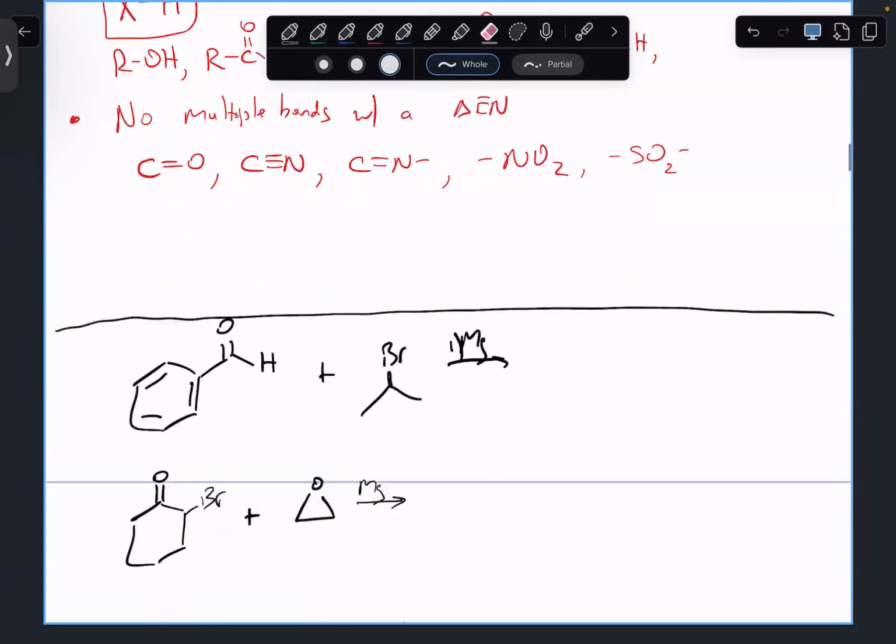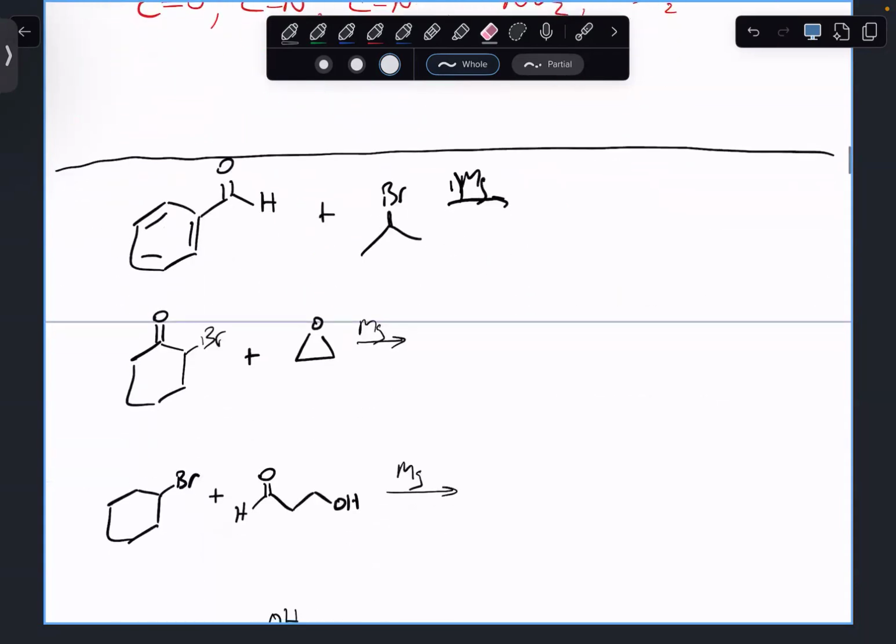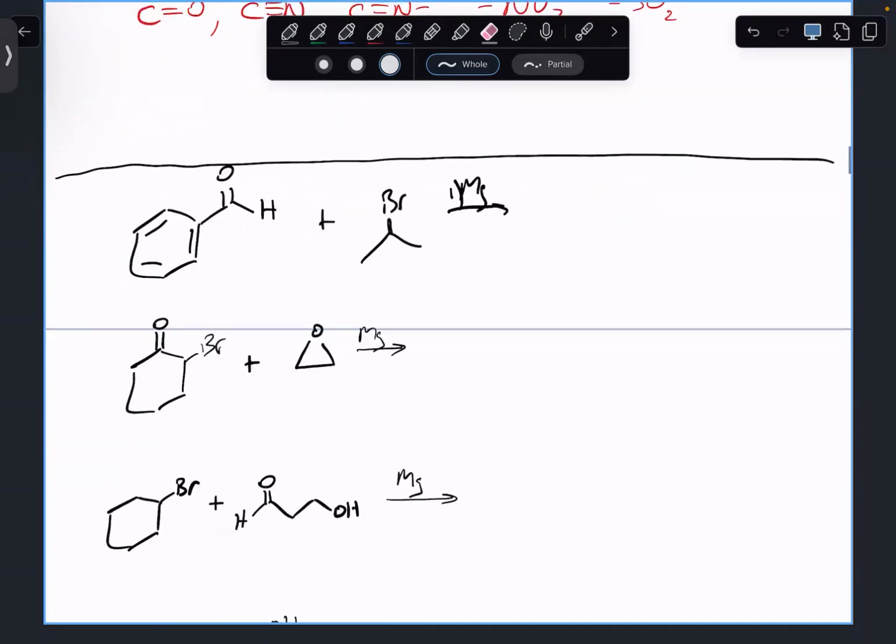Where this becomes an issue is something like this. I've got a couple of bad examples of Grignard reactions here. The top one would work just fine. You can probably predict the product of that on your own. Do you see the problem with this reaction?